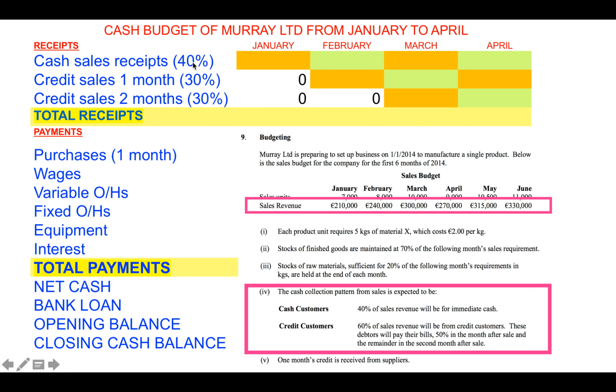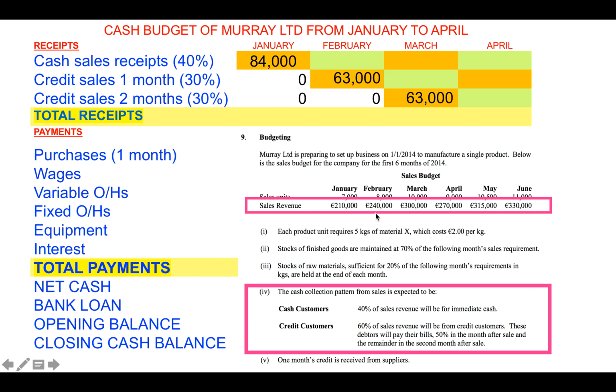So it's going to look like 40%, 30% and 30%. So 210,000 multiplied by 40% is 84,000. 210,000 multiplied by 30% is 63,000 and 63,000. So you're going to receive 84,000 in January, 63,000 in February and 63,000 in March of January's 210 sales.